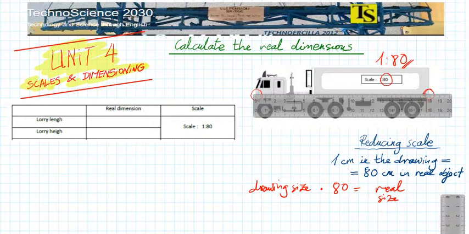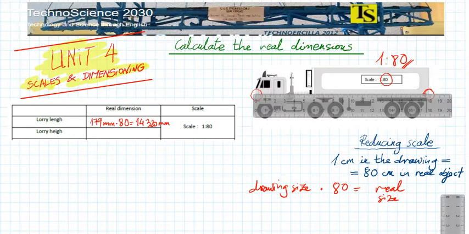So let's write it here: 179 millimeters times 80, which is the scale, and we get the length of the truck, and it is 14,320 millimeters.